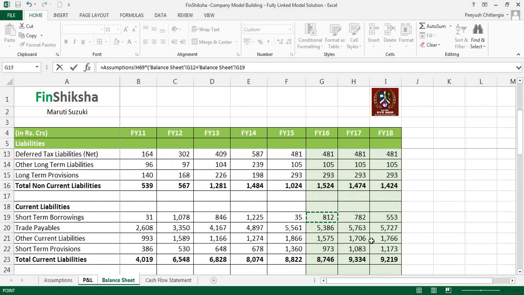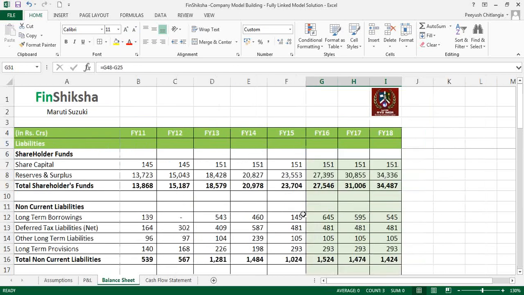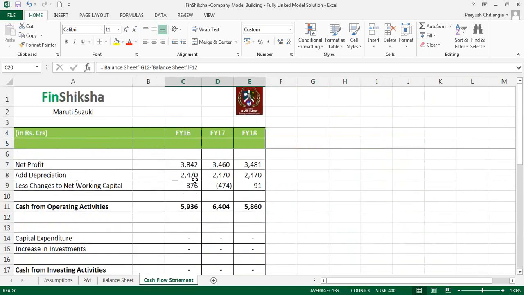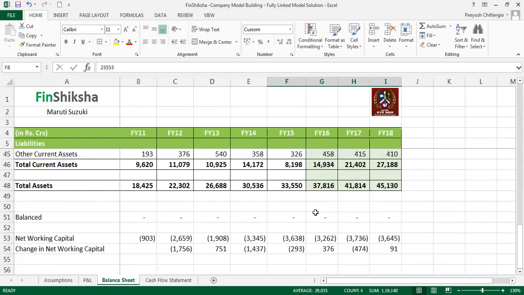So it is on both of these that we are accounting for the interest cost, and that gives us an interest cost of 146. Move it ahead. We have just made the changes in the interest cost that automatically would change the number that goes into the balance sheet and gets added here because the profit number will change, and that automatically changes the number that goes into the cash flow here because the profit number changes, thereby keeping the balance sheet balanced even after these changes.